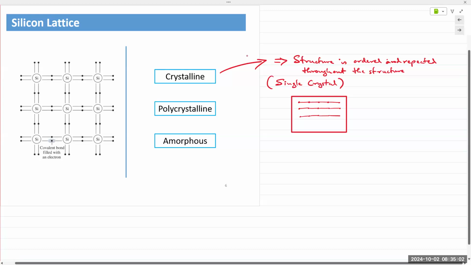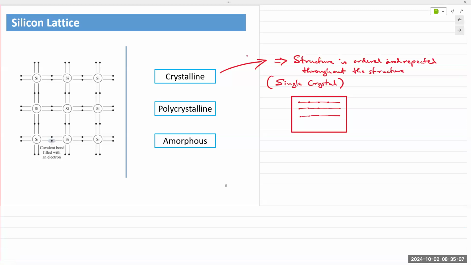Anyway, there's no break, and the structure is repeated. That's called a single crystal or crystalline material.